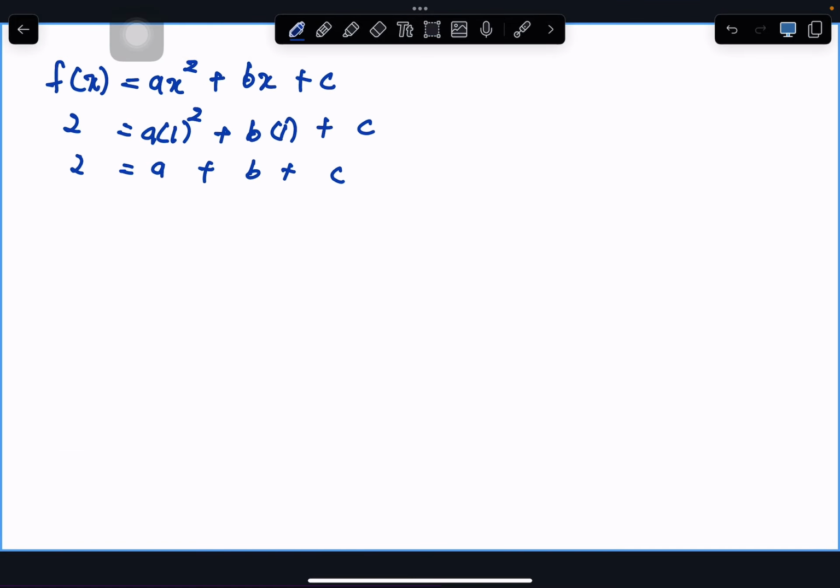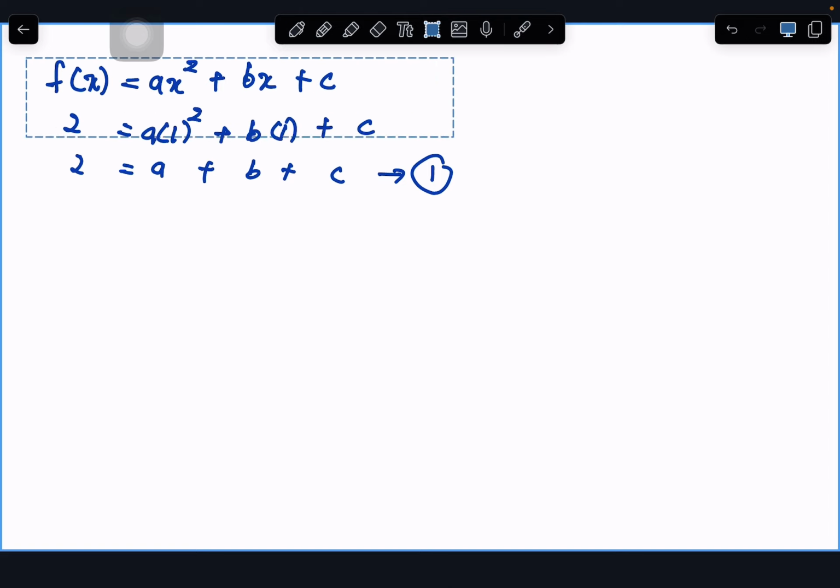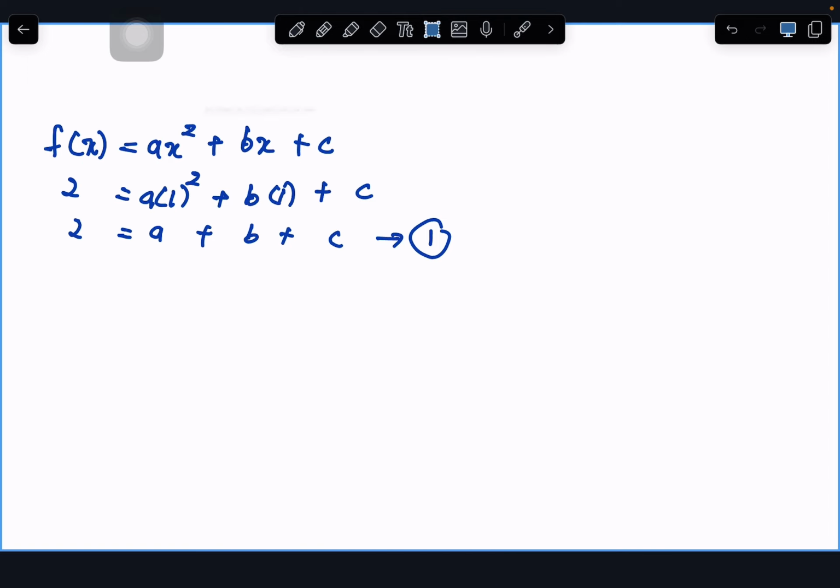So now I have the first equation from the first point, right? When we have (1, 2), we have 2 equals a plus b plus c.